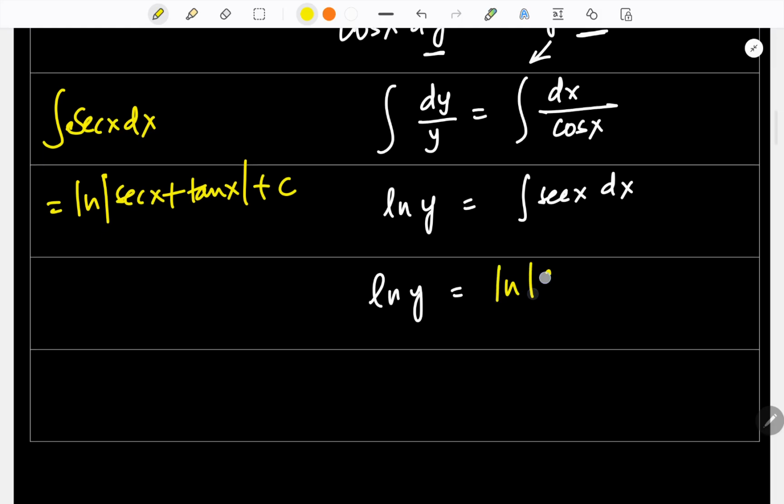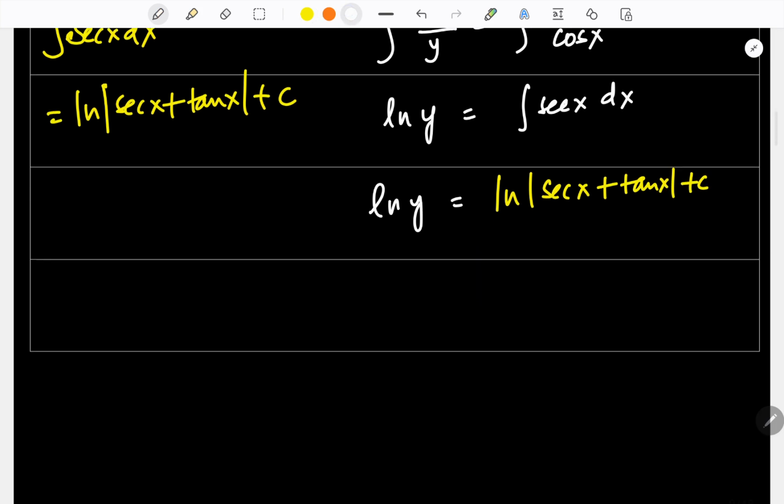So this is ln absolute value of secant x plus tan x plus c. Teacher, do I need to put absolute value all the time? Not necessary, but try to put it. Look here, can I put c here? No. Why? Because look here, ln here, ln here.